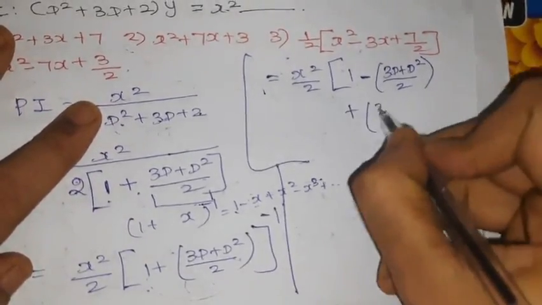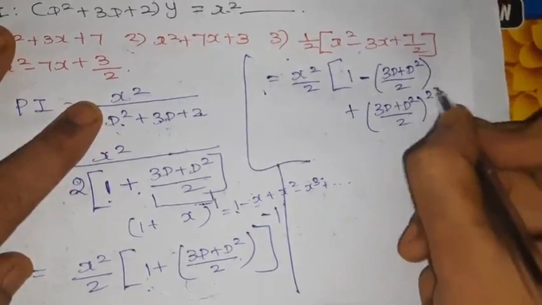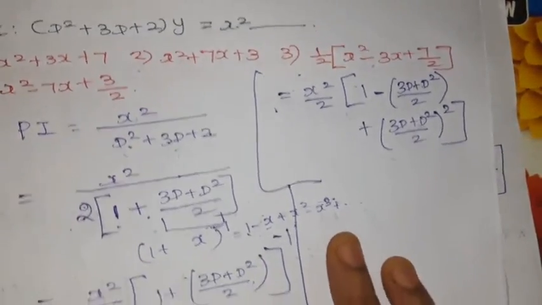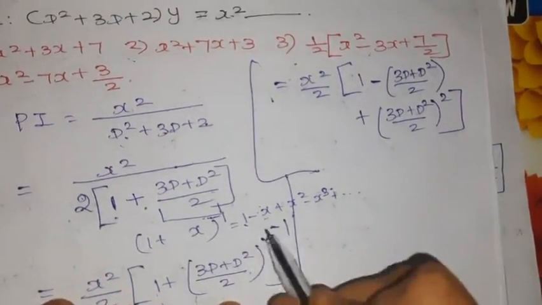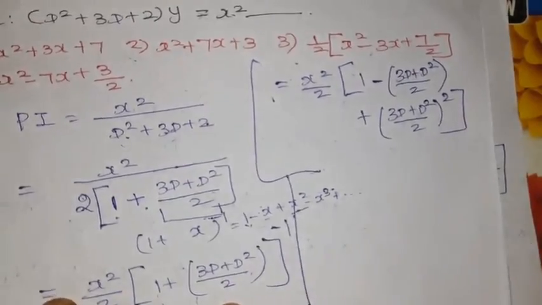So 3D plus D squared by 2 the whole squared. We will stop up to this. Up to x squared is enough. Whenever we are doing this kind of problem, we will stop up to this 1 minus x plus x squared, up to power 2 is enough.